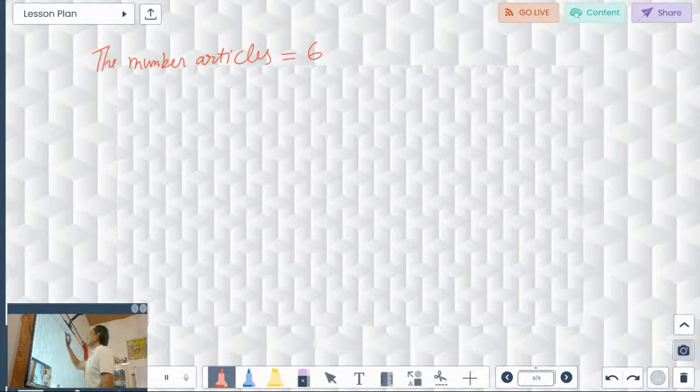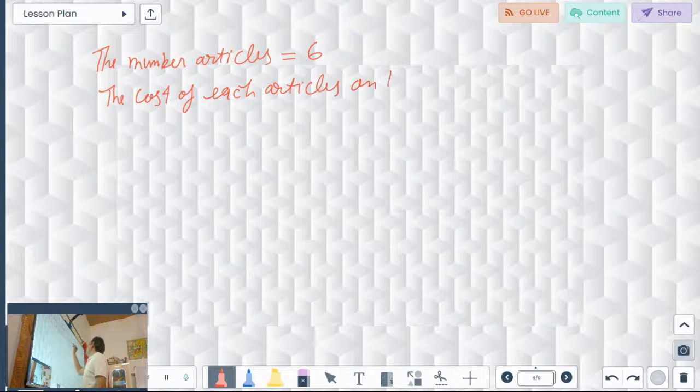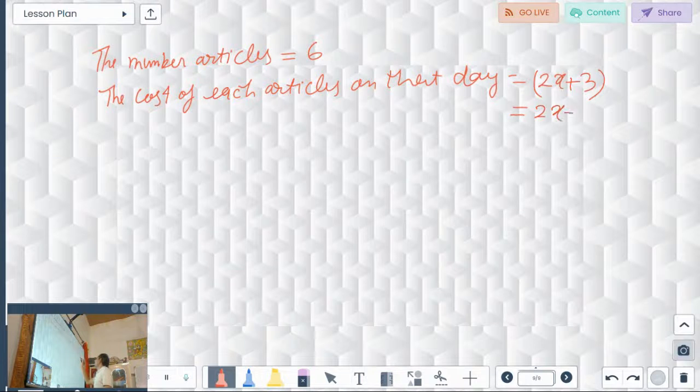The cost of each article on that day is 2x plus 3, which means 2 into 6 plus 3 equal to 15 rupees, okay, means rupees 15, answer, okay.